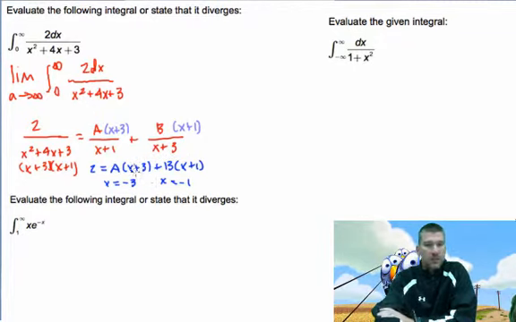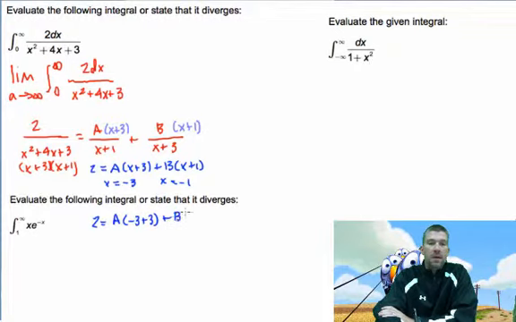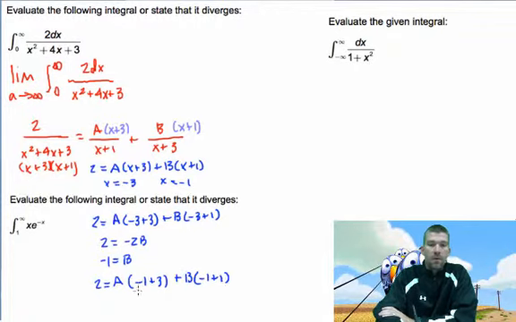So 2 is equal to A times negative 3 plus 3 plus B times negative 3 plus 1, so 2 is equal to negative 2 times B, which is negative 1. Doing this again, 2 is equal to A times negative 1 plus 3 plus B times negative 1 plus 1, so 2 is equal to 2A, so A is equal to 1.